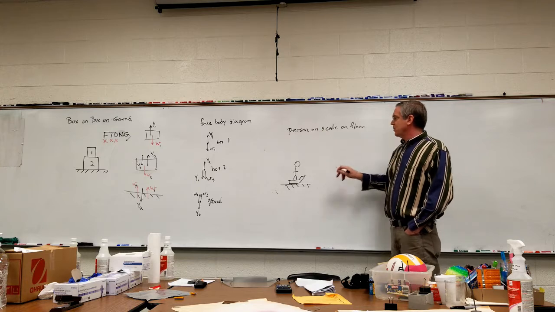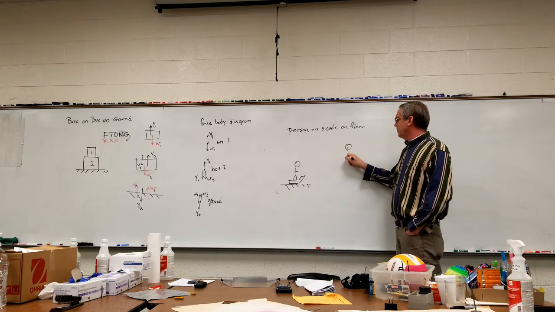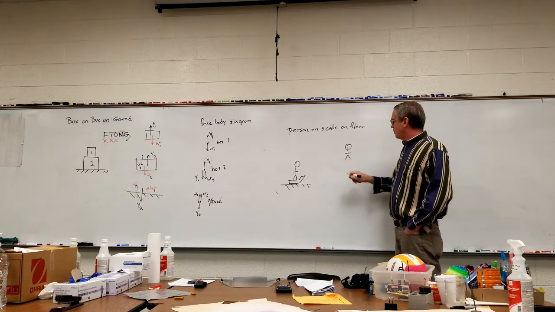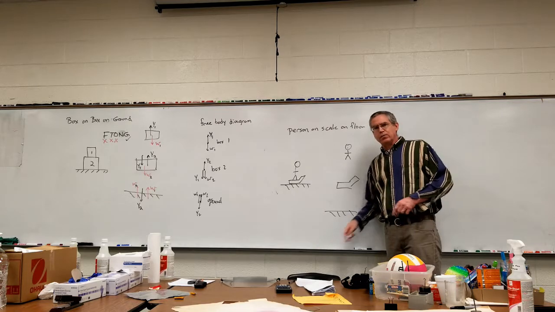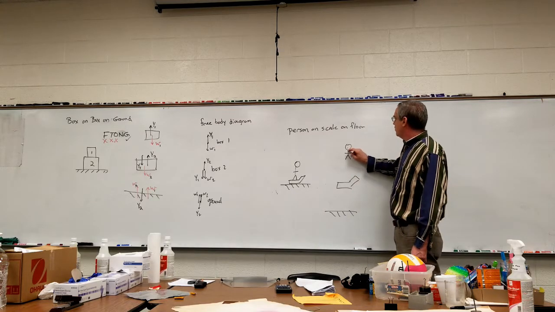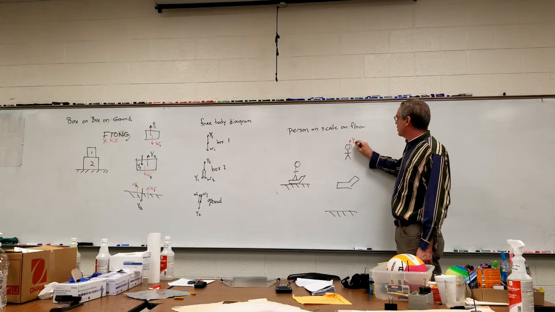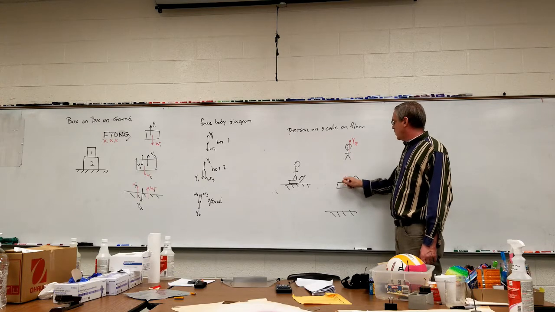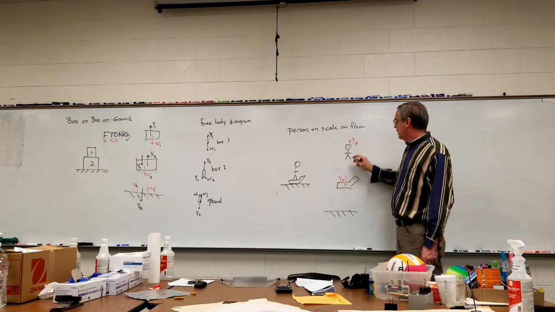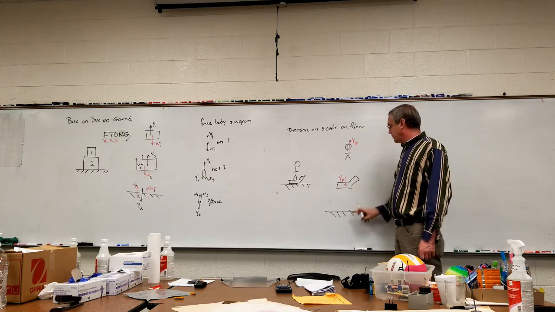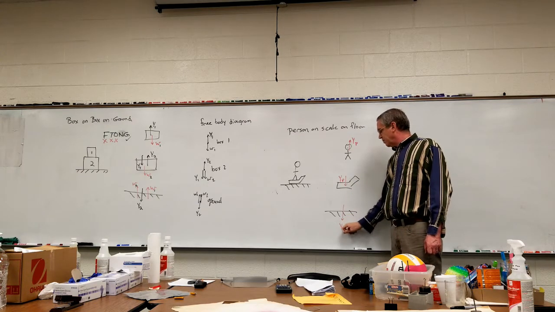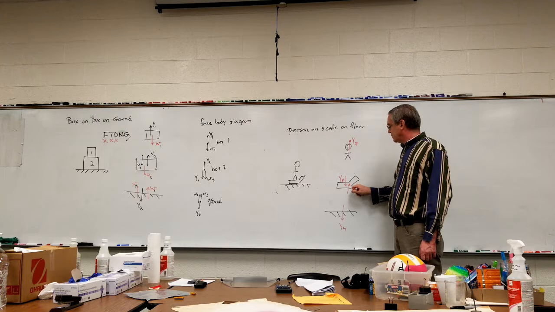Now the force diagram is going to look the same. I'm going to change my subscripts a little bit to reflect the problem. So there are the three objects. I have a normal force acting up on the person, which I'm going to call y sub p, and then there's a y sub p here. There is a normal force between the scale and the ground, so I have y sub s and y sub s.